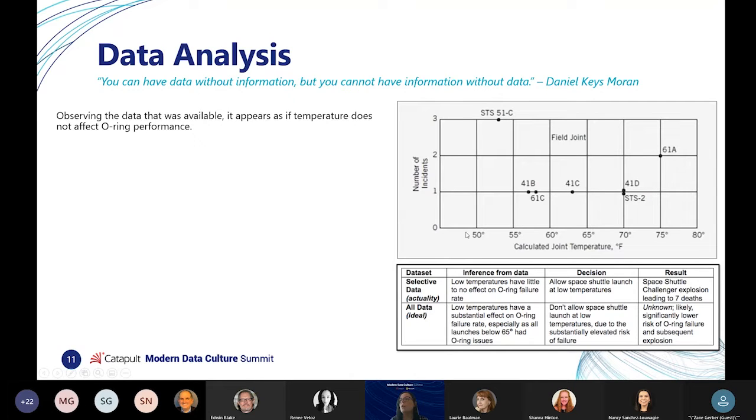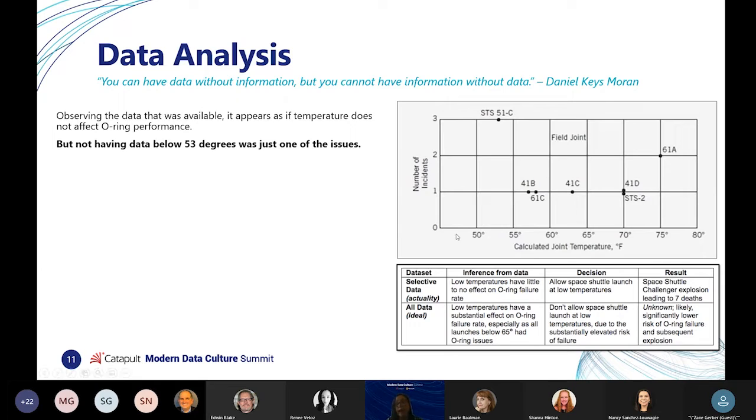You have the calculated joint temperature on the horizontal axis, and the number of incidents that occurred with those flights. You can see there were a couple of flight incidents that occurred at lower temperatures, but there's not really a correlation that you see here, just from this graph.